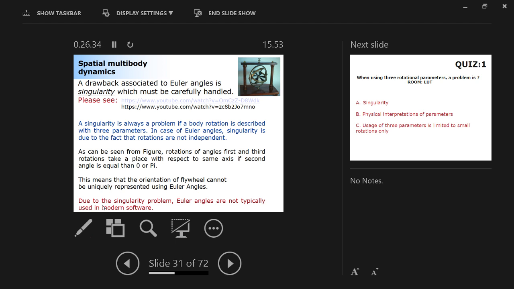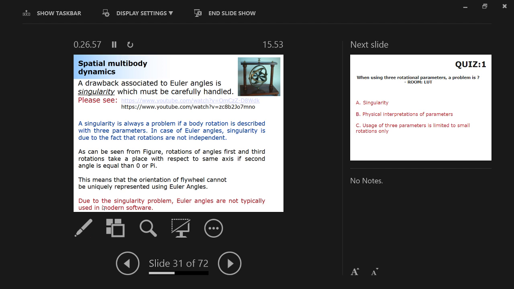Even if you change the order, you always have this singularity. It can only be avoided if you use 4 parameters instead of 3 parameters.